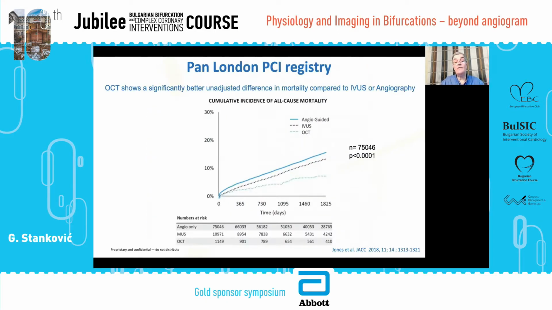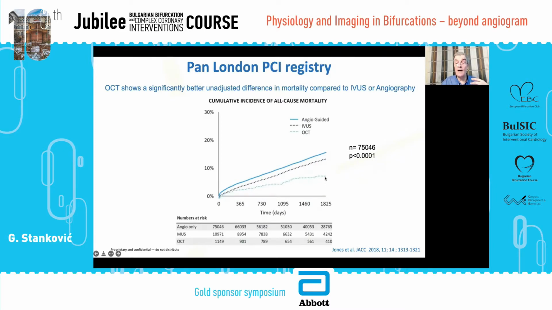And we have some data from the registries which are very convincing. For example, these are the Kaplan-Meier curves from the Pan-London PCI registry, a large registry of 75,000 procedures, in which you see 5-year mortality is significantly higher if we guide procedures by angio compared to guidance with imaging, both IVUS and OCT.